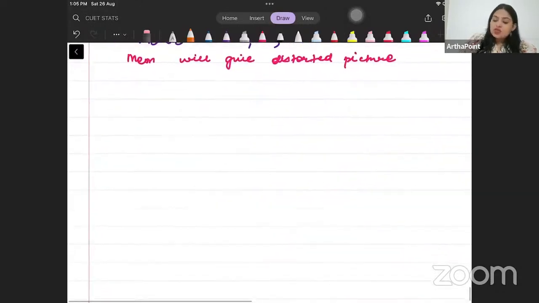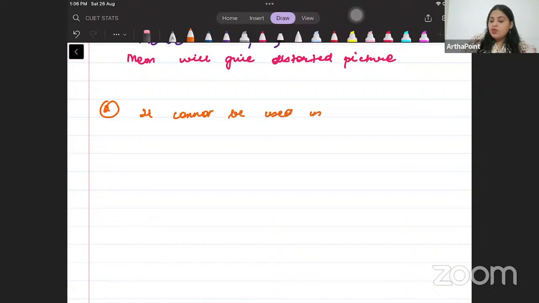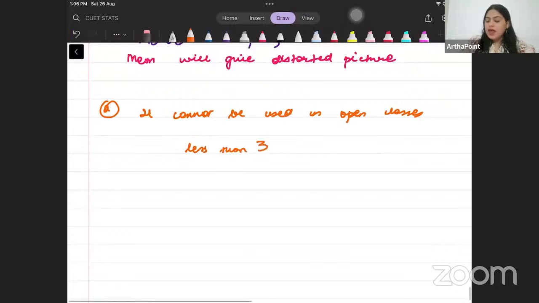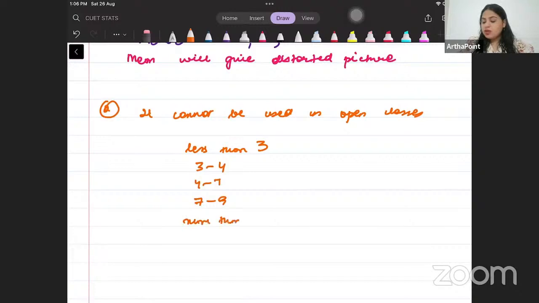The second issue with mean is that it cannot be used in open classes. For example, suppose I say less than 3, and then give you some classes, 3 to 4, 4 to 7, 7 to 9, and then I say more than 9.